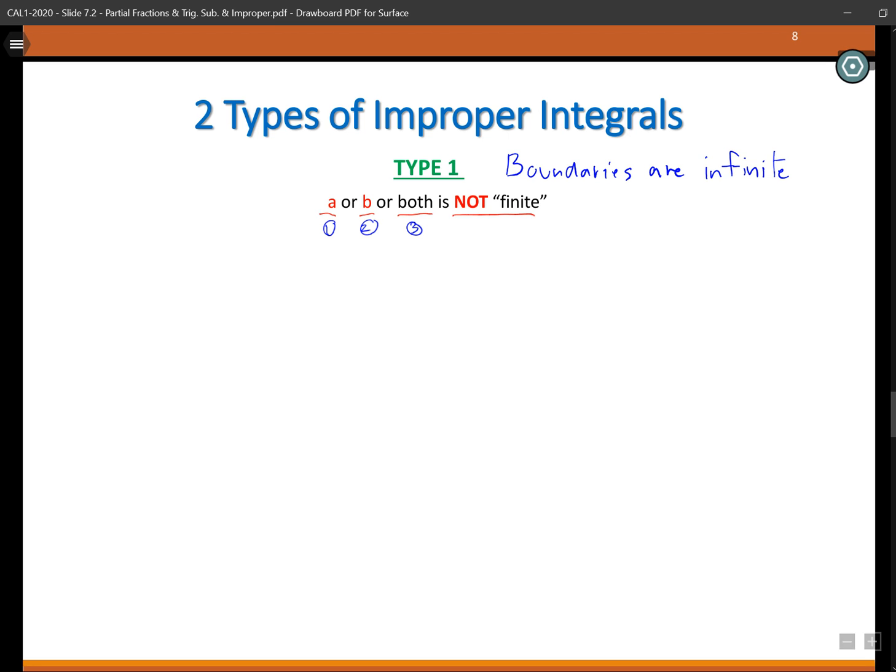So let's take a look at all scenarios here. Number 1 happens when A is infinite. But before that, let me put this formula down right here for you guys.